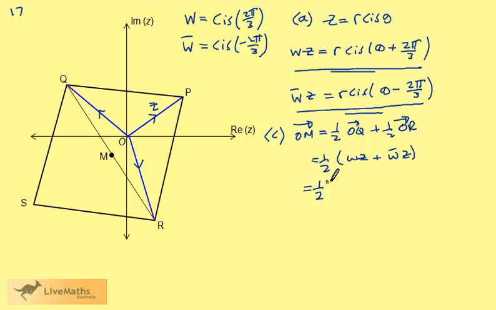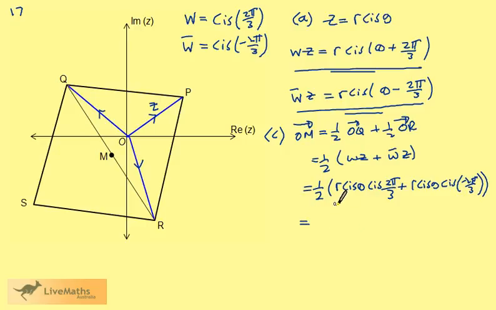Now, WZ is this expression, but it's best to write it as R cis theta cis 2 pi by 3. With W bar Z, we get R cis theta cis negative 2 pi by 3.